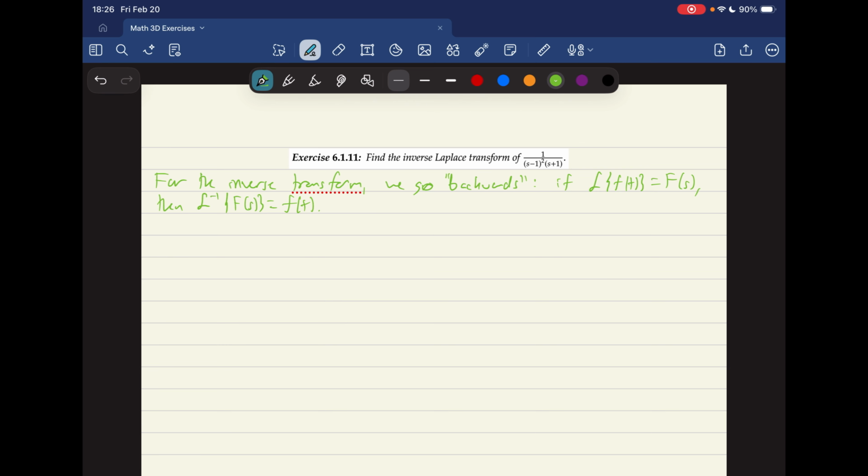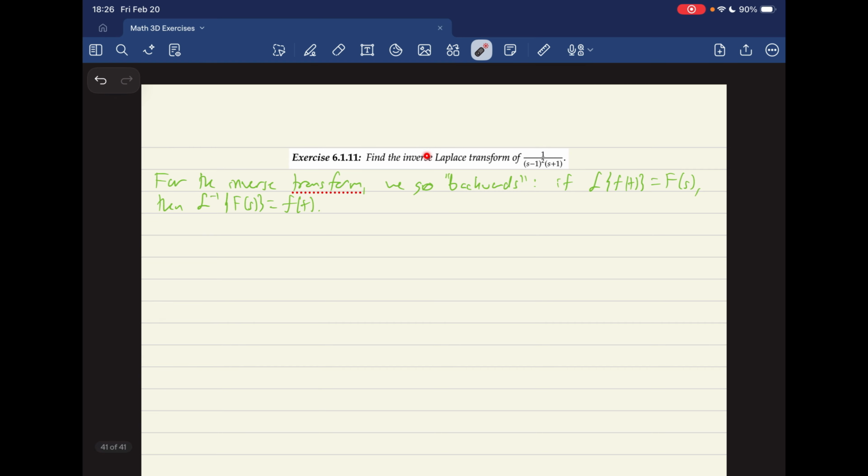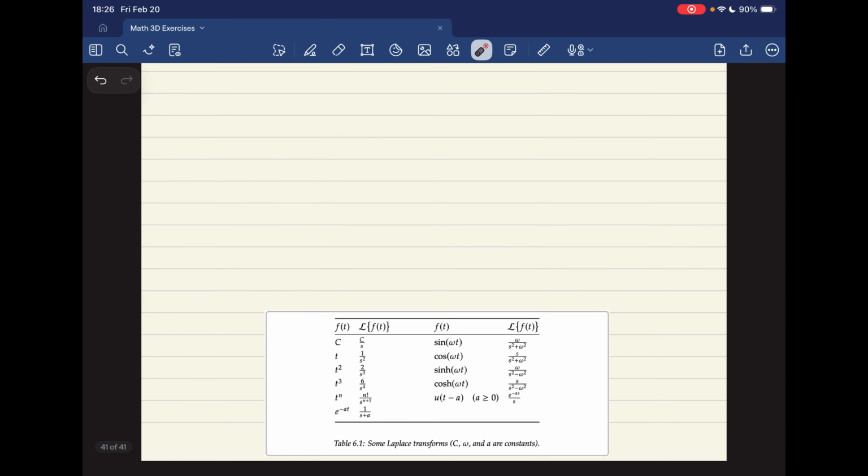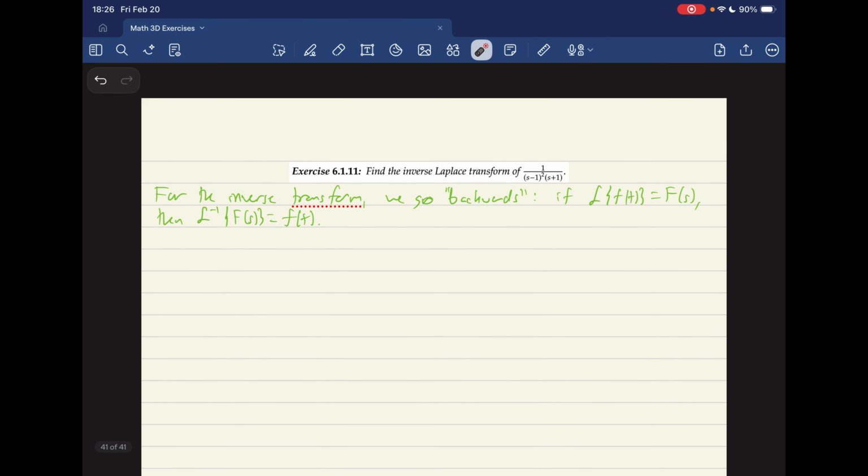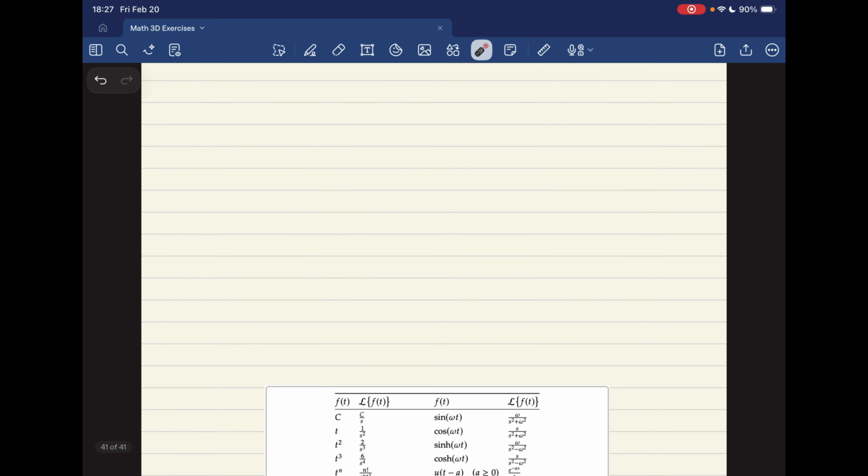So when computing inverse Laplace transforms, for example using a table, we're instead going to look at the right side now and see which of the terms match up with the things we're working with. And then we're going to go backwards to the functions that generated that Laplace transform. But the problem here is that this function, as written, doesn't seem to match any of the entries on our table.